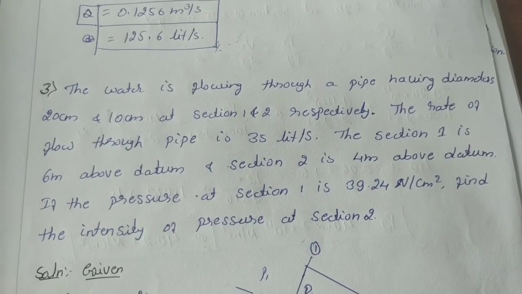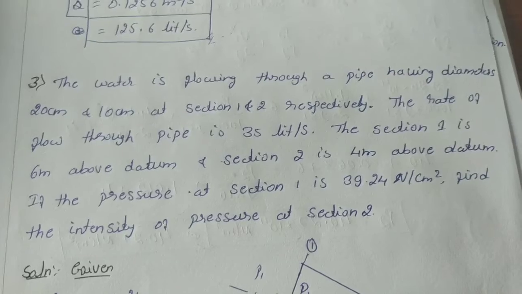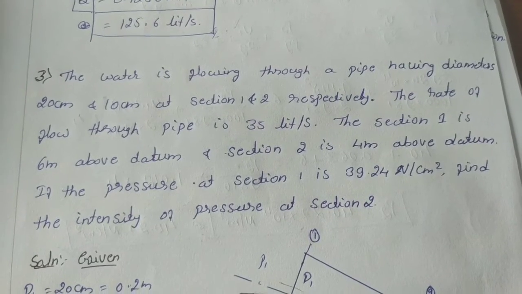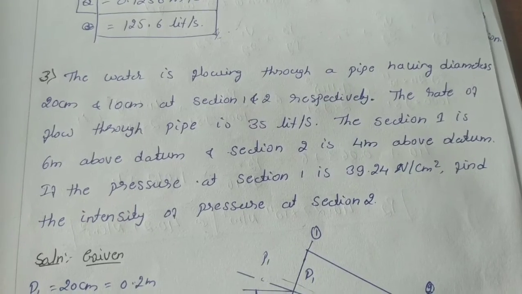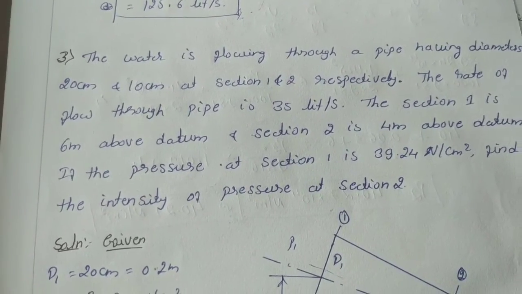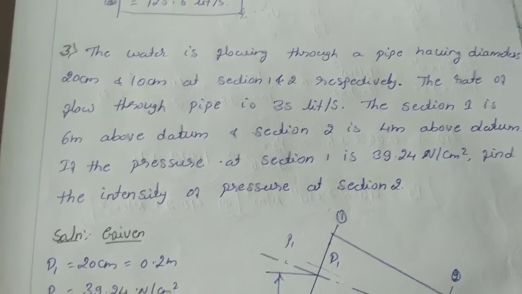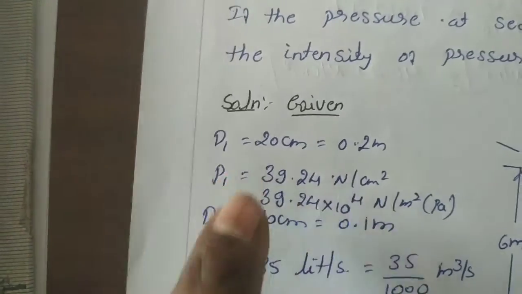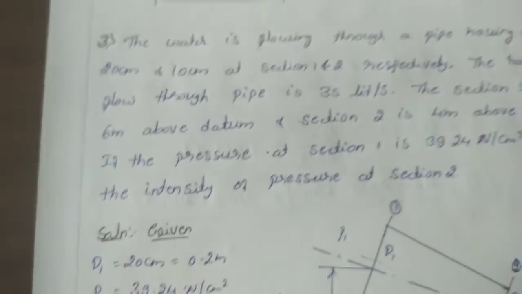Water is flowing through a pipe having diameters of 20 centimeter and 10 centimeter at sections 1 and 2 respectively. So D1 is equal to 20 centimeter and D2 is equal to 10 centimeter.